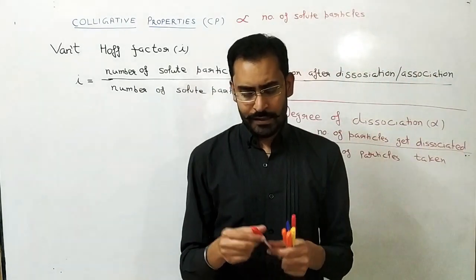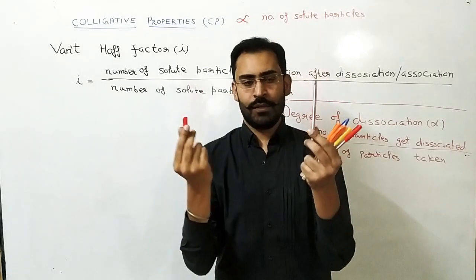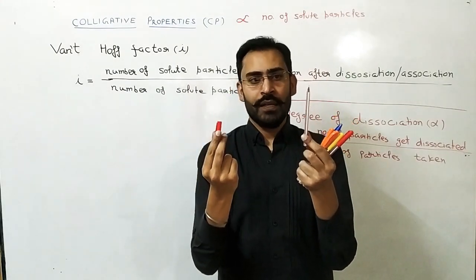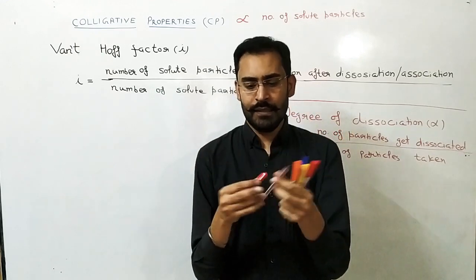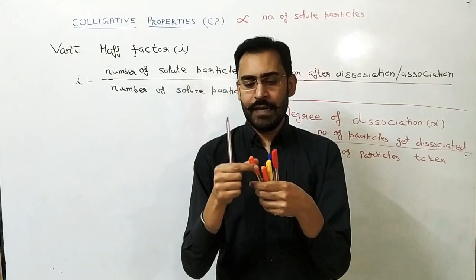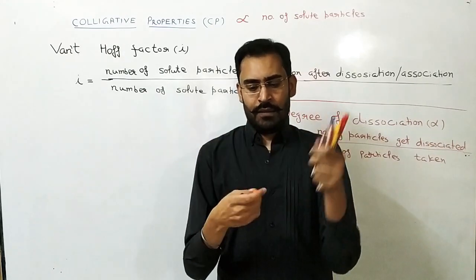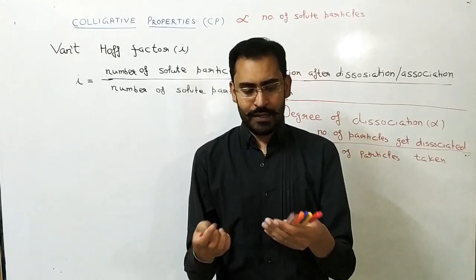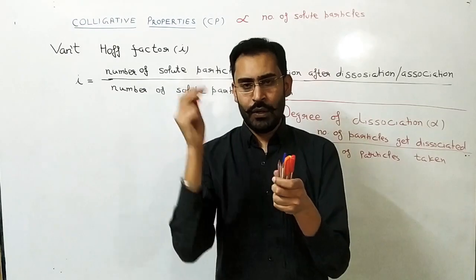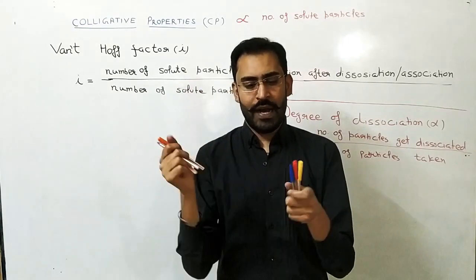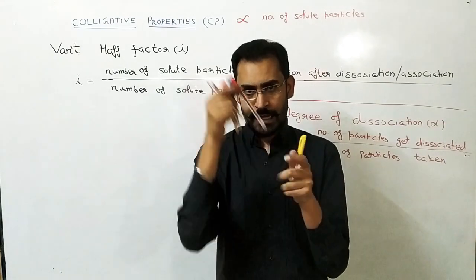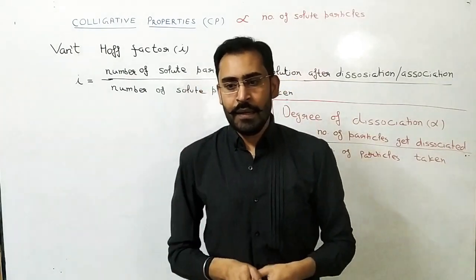In the case of this pen, one pen dissociated into 2. Initially the number of particles I've taken is 6. Suppose 2 pens get dissociated. How many particles do I have? 1, 2, 3, 4, 5, 6, 7, 8.